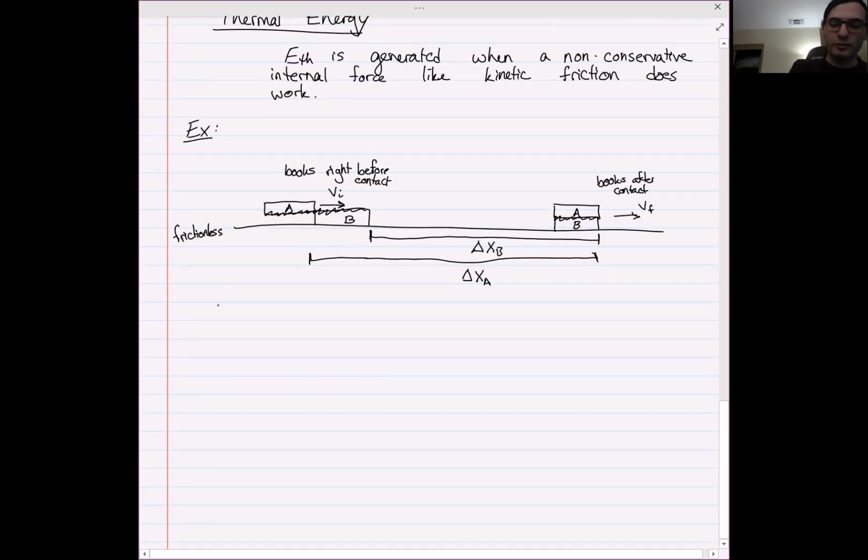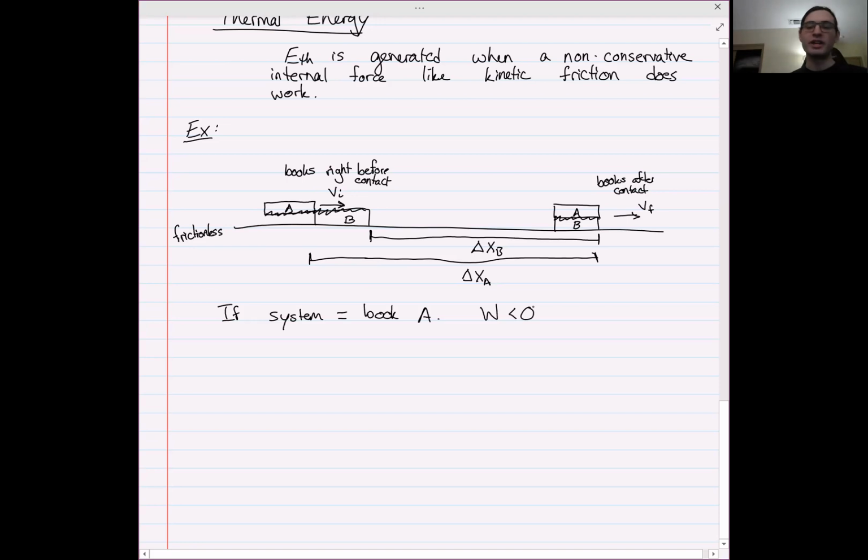So let's consider the system is book A. In that case, the external work, because there's no internal work to book, and by the way, we're neglecting gravity like we usually do in these situations, the external work done is negative.